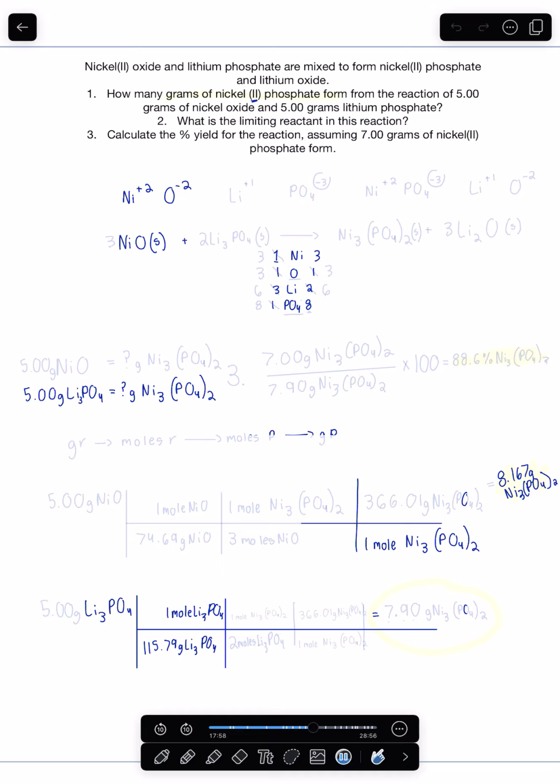All right, so moving on to our lithium phosphate. We know that lithium has a charge of positive 1, as it is in column 1, and phosphate is PO4 negative 3. So we are going to have to do a swap and drop on this one.